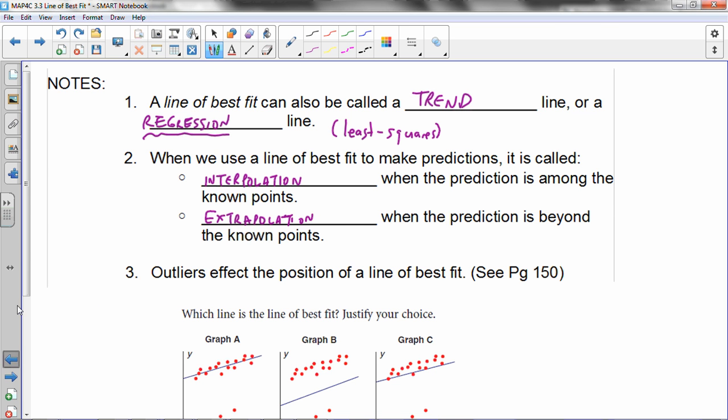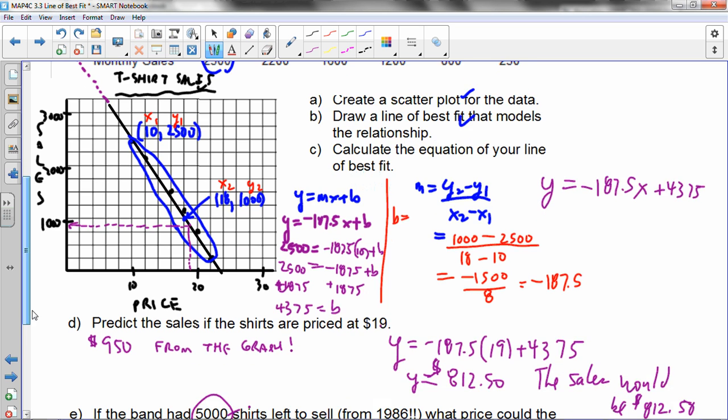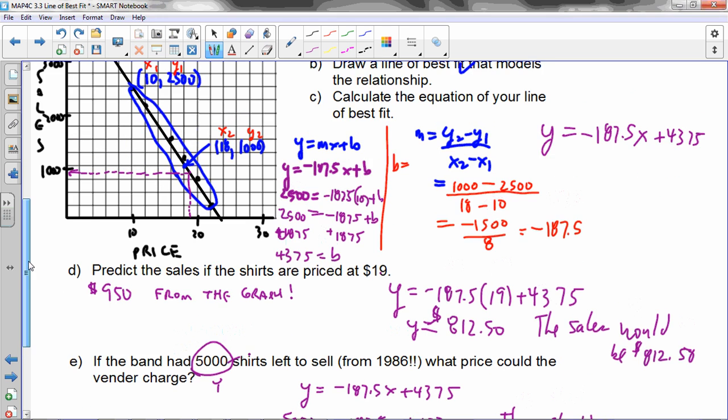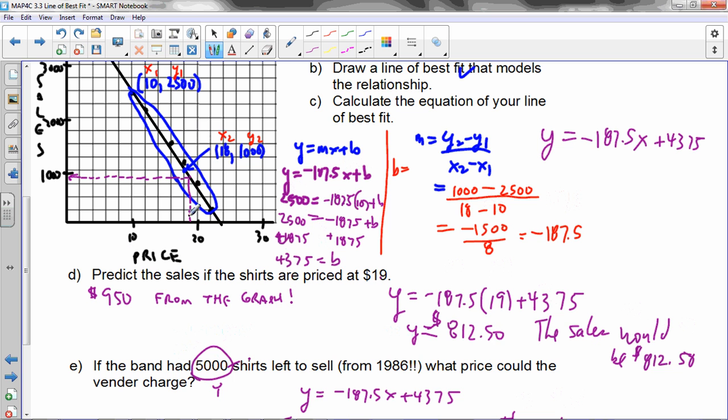So in the last question, the T-shirt question, we had two predictions, right? One of them was among the points. D, because it was among the points that was given, D was interpolation.